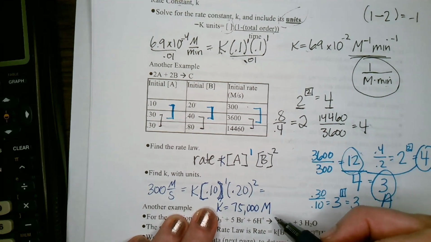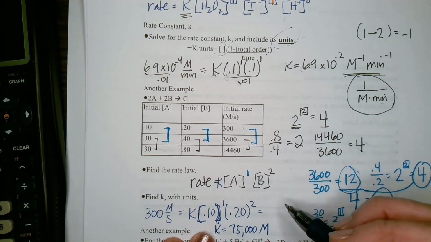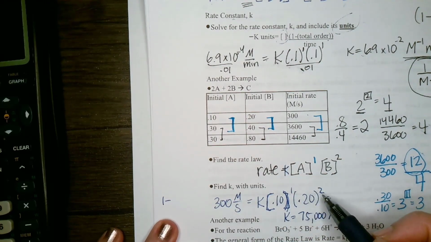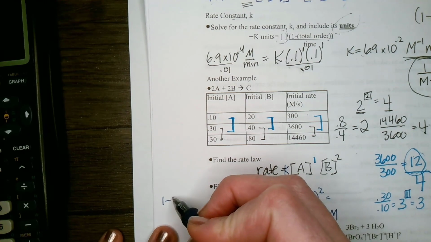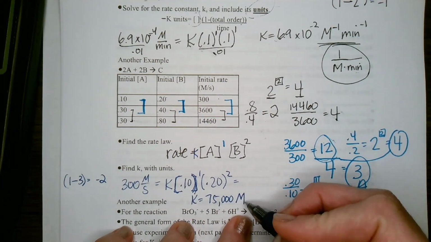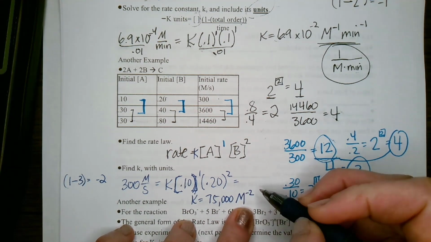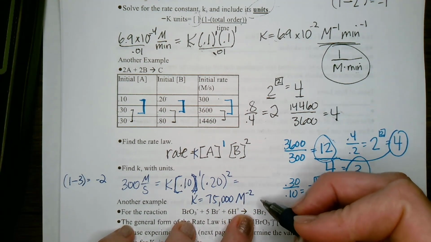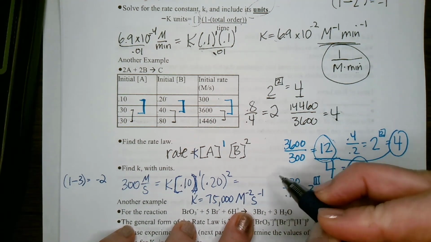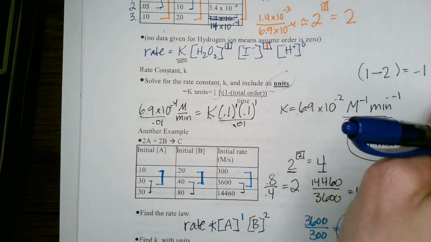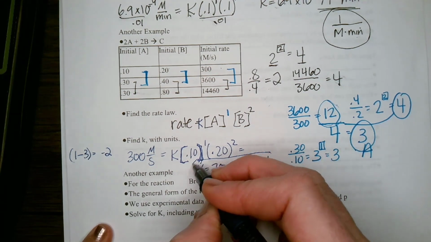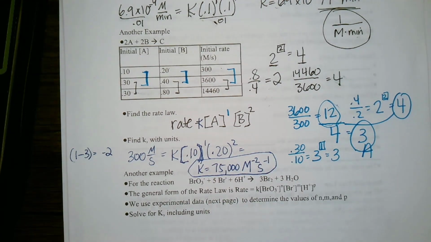So K is equal to 75,000 M to the, now remember with our units, I'm going to do 1 minus my total order, so 2 plus 1 is 3. So 1 minus 3 is negative 2. So my units would be M to the negative 2. And then seconds, that's what my time is in, negative 1, because it's per time. So we would express that as seconds negative 1.